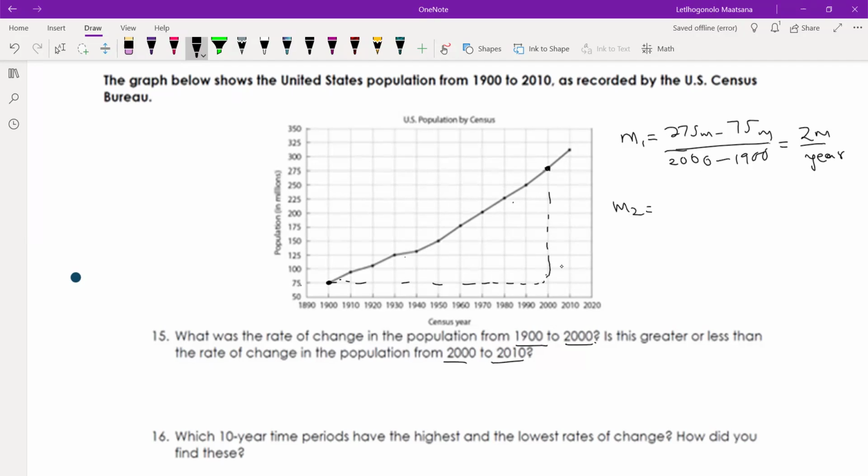Our gradient would be, in 2010, we had 325 million.